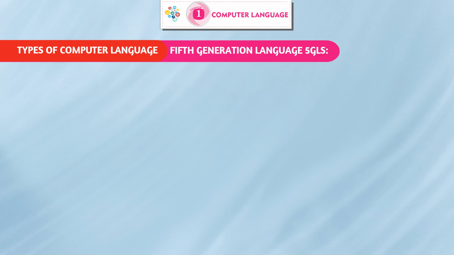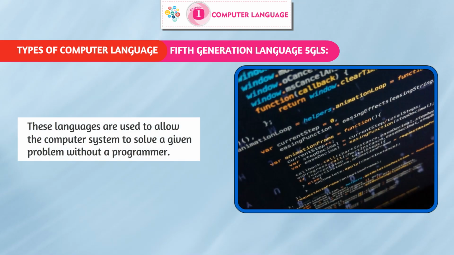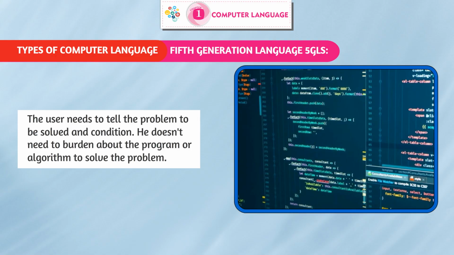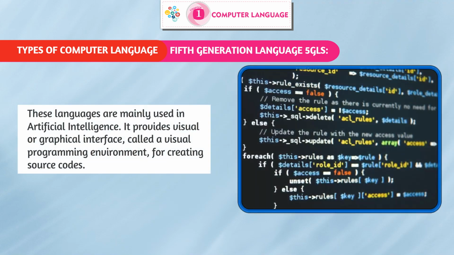Fifth-generation language, 5GLs. These languages are used to allow the computer system to solve a given problem without a programmer. The user needs to tell the problem to be solved and the conditions. He doesn't need to worry about the program or algorithm to solve the problem.